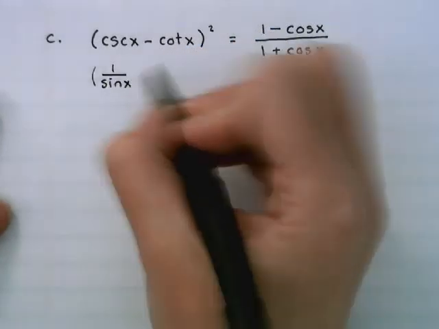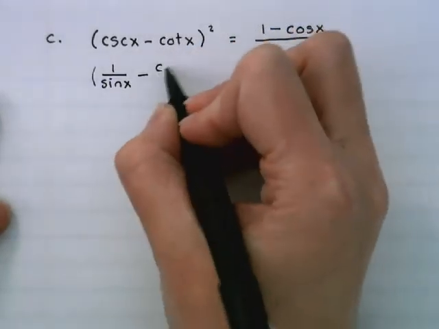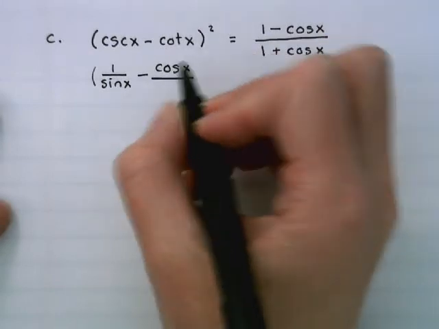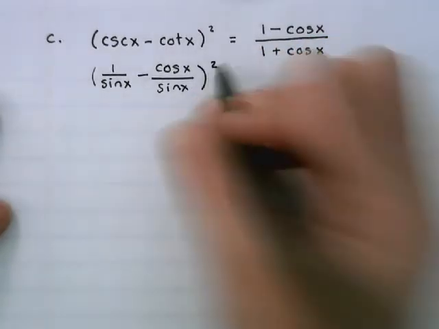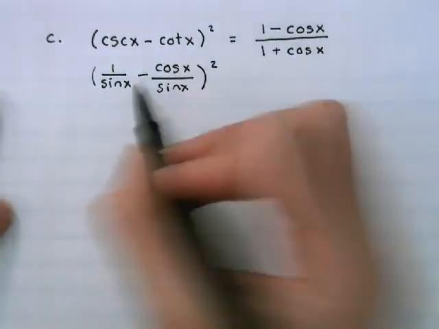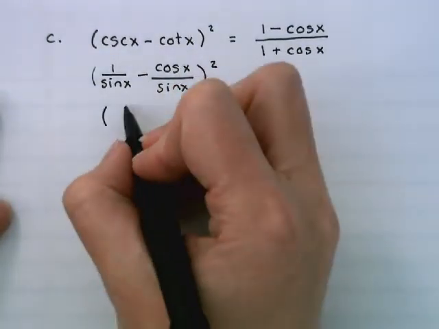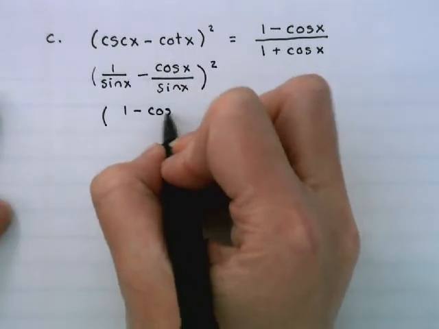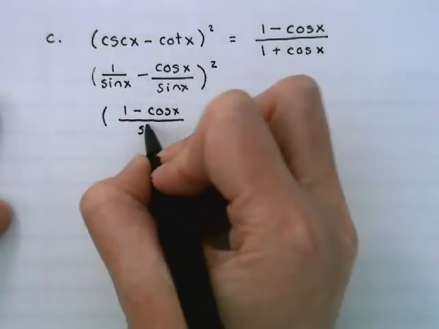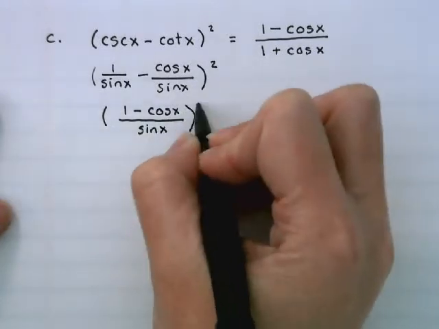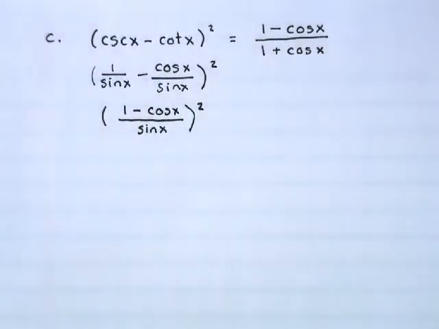Turn everything in terms of sine and cosine. Okay, I do have a common denominator. So this will be 1 minus cosine of x over sine of x squared.